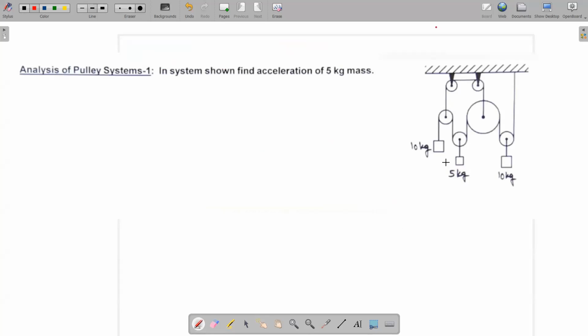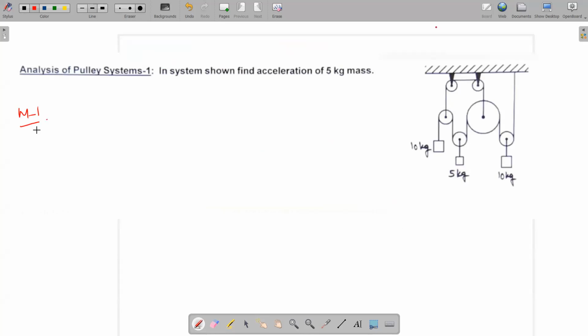See, I will solve this in 2 ways. Okay, now method 1.